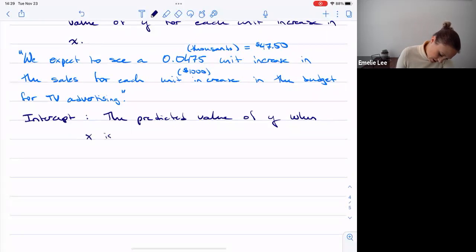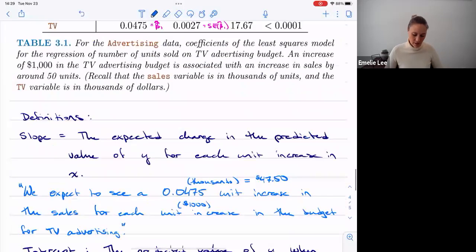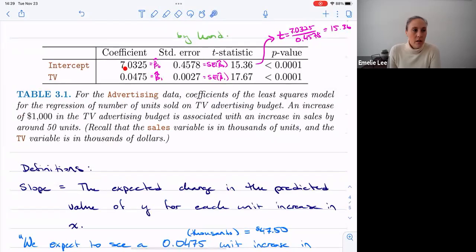So here, if we let the TV variable be 0, so we budget nothing on TV advertising, we're still going to make sales.